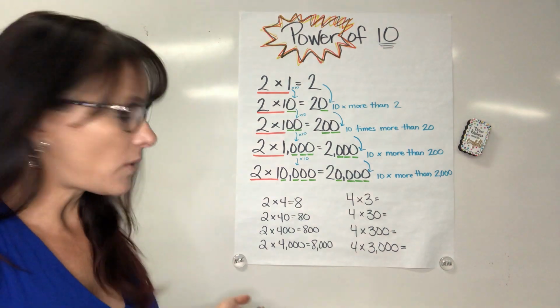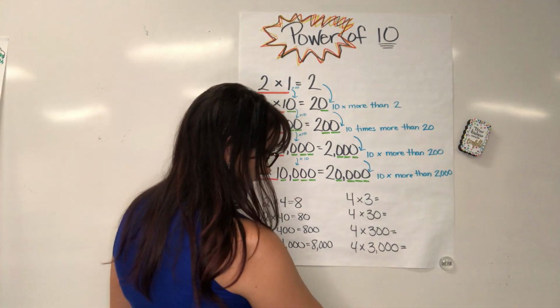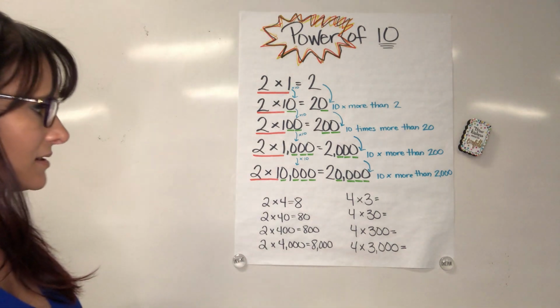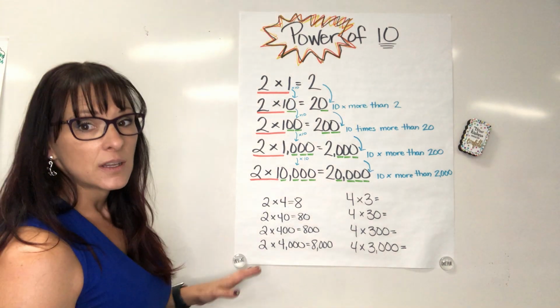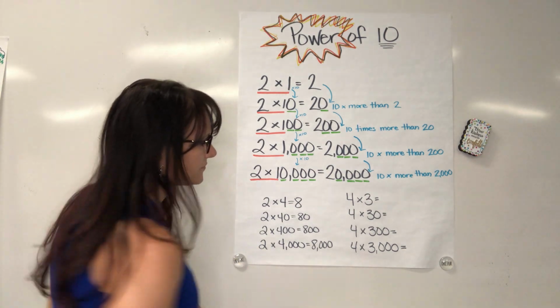Want bonus points? Go ahead and take it to 30,000. All right, think about this. Pause the video, and then come back, and we will take a look at your answers.